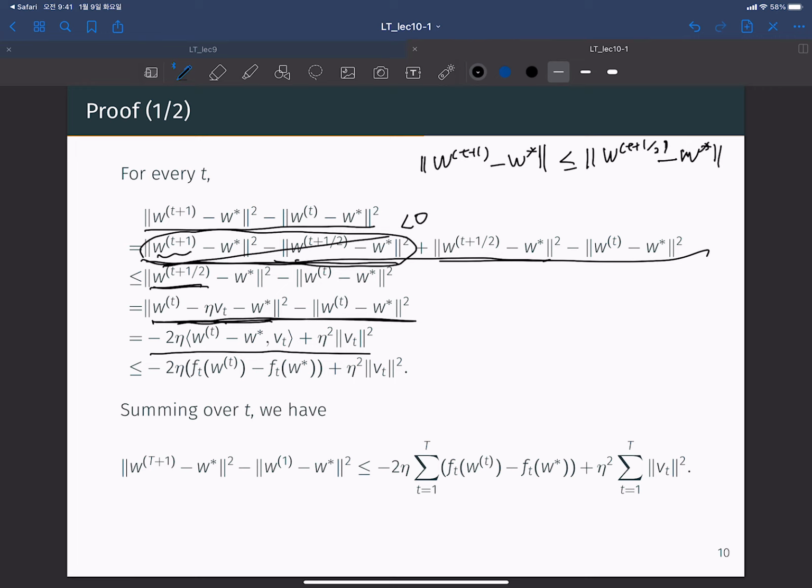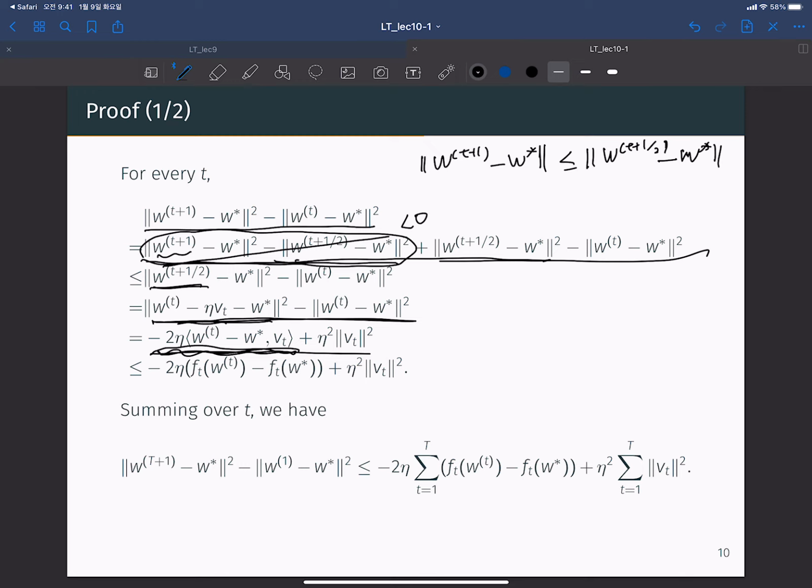Right. And from the fact that f_t is convex and v_t is a subgradient of f_t at point w_t, we can upper bound this term by minus 2 eta times f_t(w_t) minus f_t(w star).